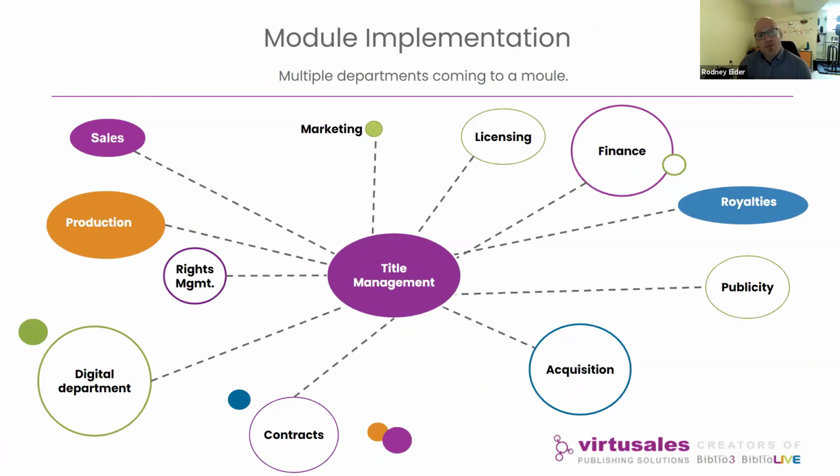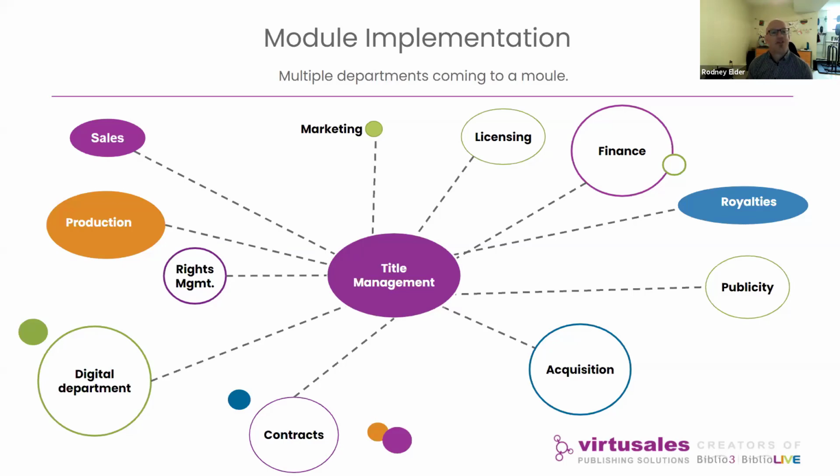If we look at one particular example, say for example, title management, every department needs something from that module, but it's only a small piece of their actual requirement. So we've got, say, production needing to know the title and some basic specifications of the product.